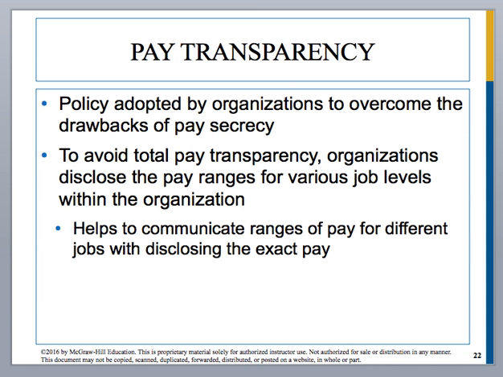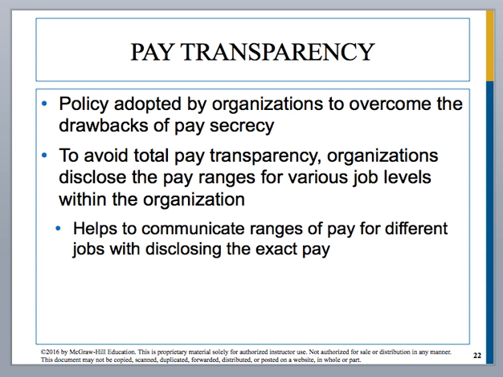So, being transparent about pay. A policy is adopted by organizations to overcome those drawbacks, and to avoid total pay transparency, organizations will disclose the pay ranges for various job levels within the organization. That way you know that the job pays between $15 and $30 an hour.